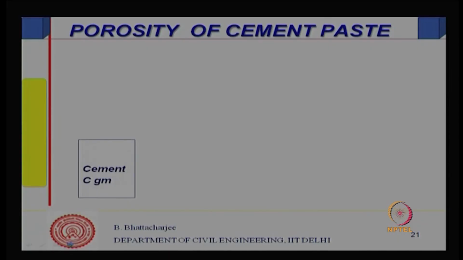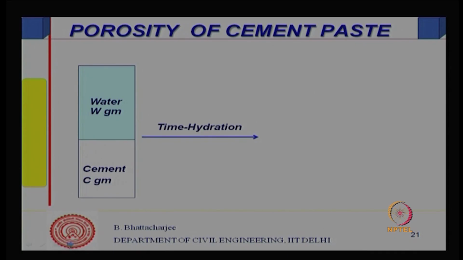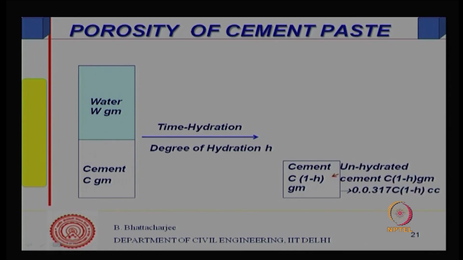If we look into this schematically, it will look like this: cement C grams, water W grams. After some time, let us say hydration has occurred, and the degree of hydration is H. Now, the unhydrated cement remaining is C into (1 minus H) grams, and its volume is approximately 0.32 C (1 minus H) cc. This is the unhydrated volume.